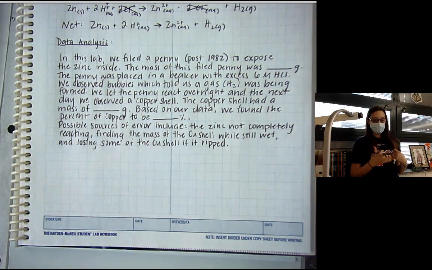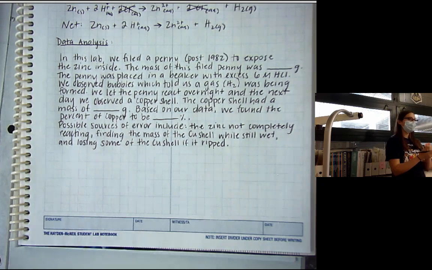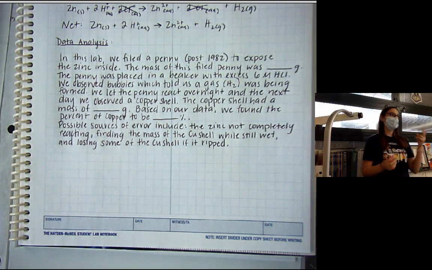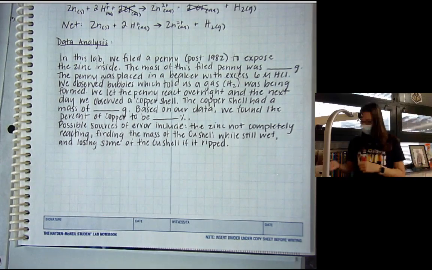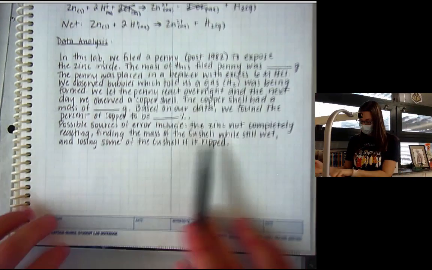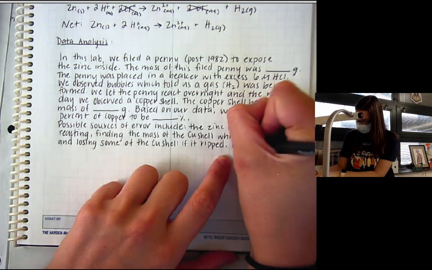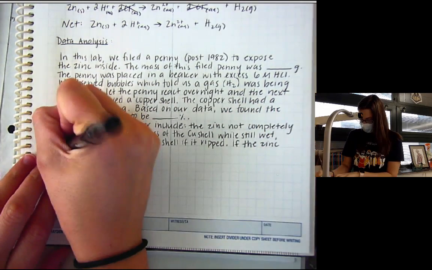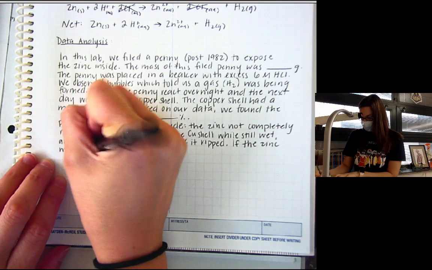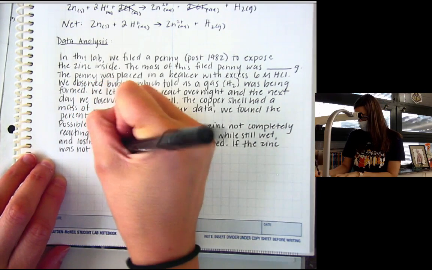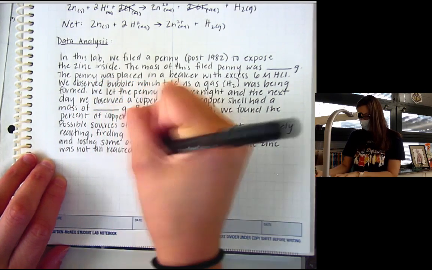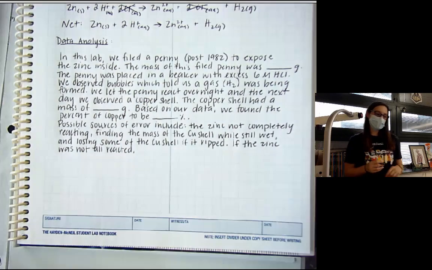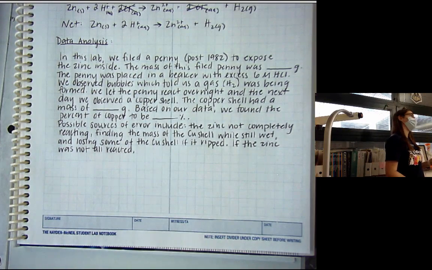Now the last part of the data analysis is to actually think about what this error would have done to our calculations. So I'm going to pick 2 of them. I'll pick the zinc not completely reacting. So I'm going to say if the zinc was not all reacted. So let's think about what that would mean. This is the same as if the shell were wet.